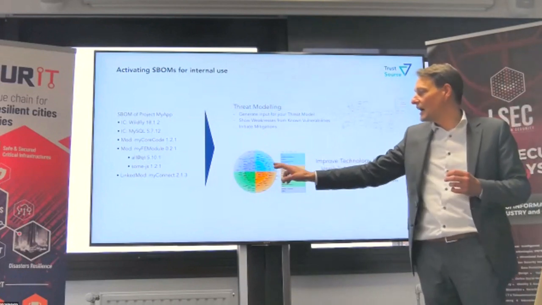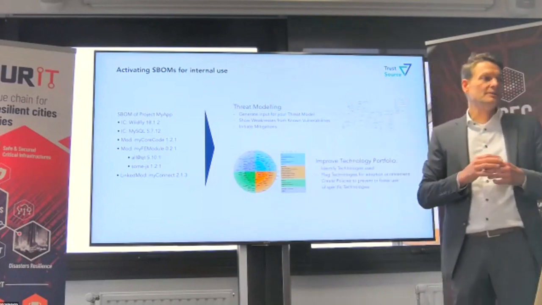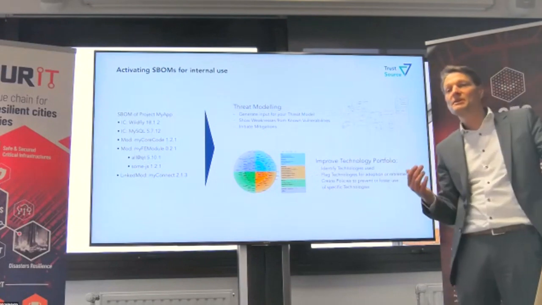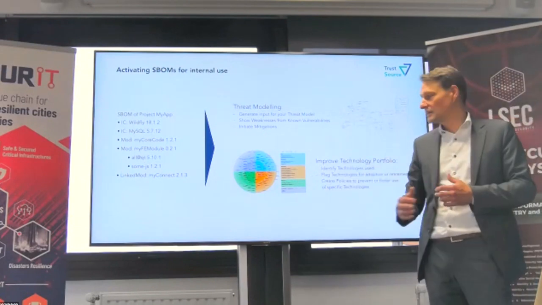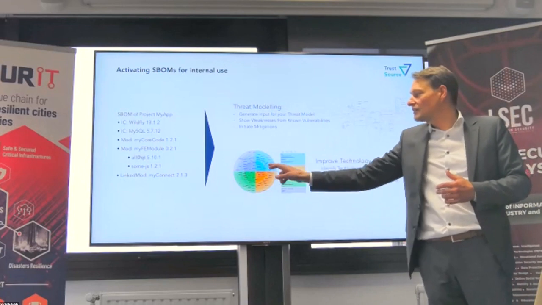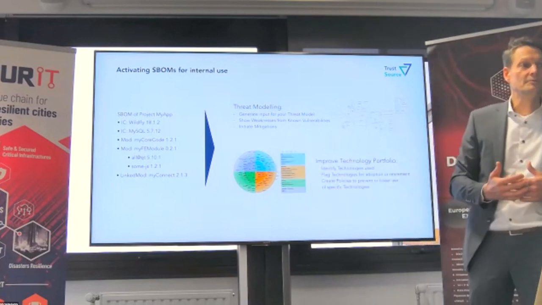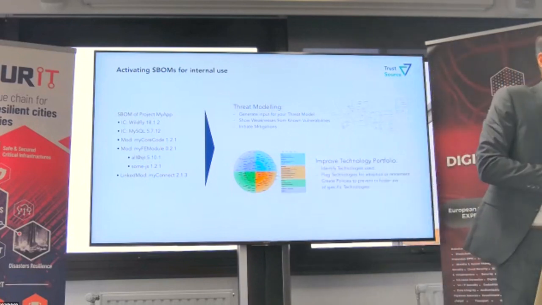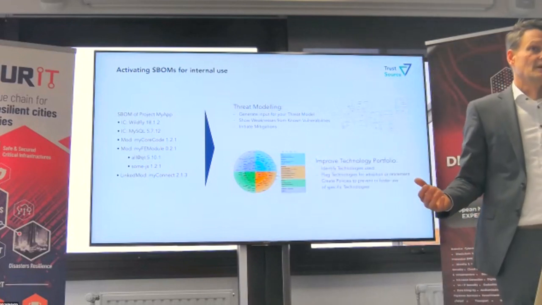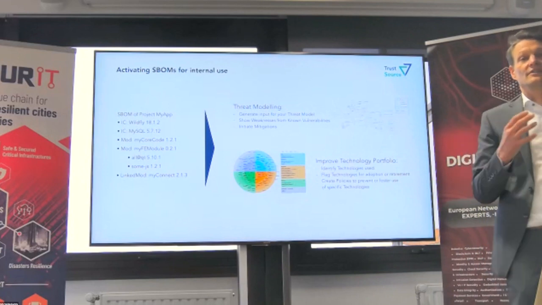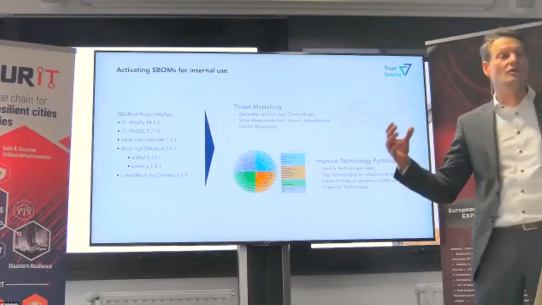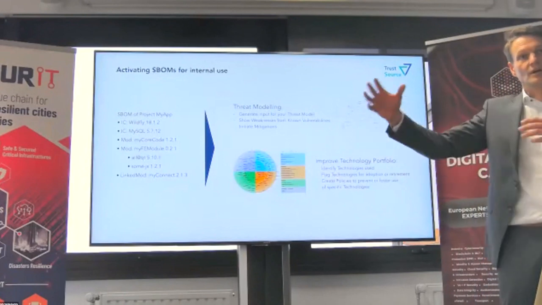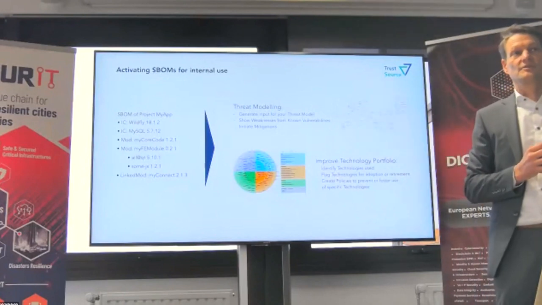It gives you the way how you should address this software. So if something is on the outer circle, it's probably something that should be looked at, might be potentially something that you look at. What you have here is probably something that is to be adopted, and this is something that is used. And then you can also have another circle, for example, for retirement. So you can order and push technologies and components and libraries into a specific area.